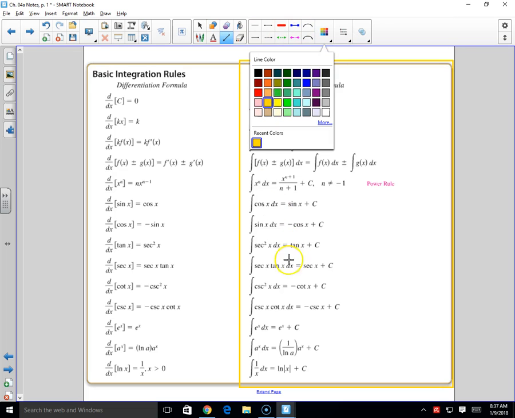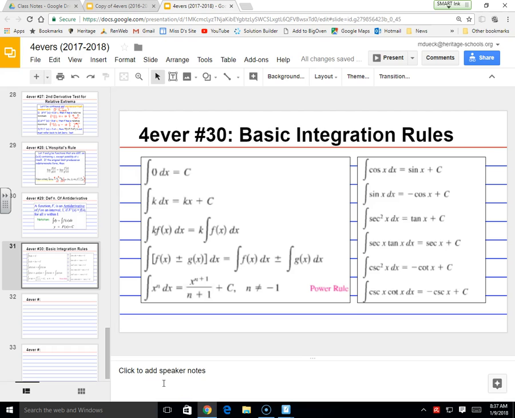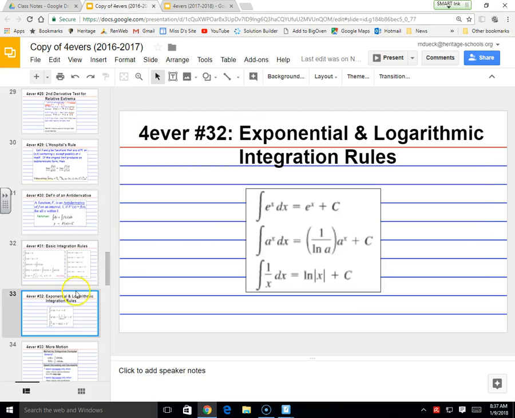So we're going to have forever number 30, which is all the ones up through the end of trig. So there's that delineation. And then we're going to have forever number 31, where we're specifically talking about exponential and logarithmic integration rules.